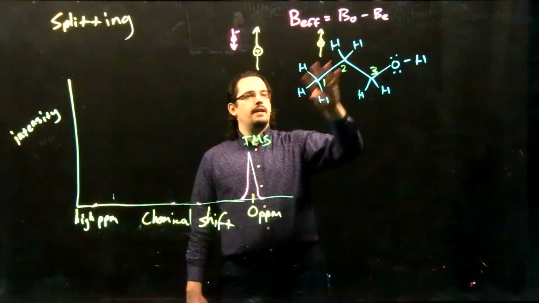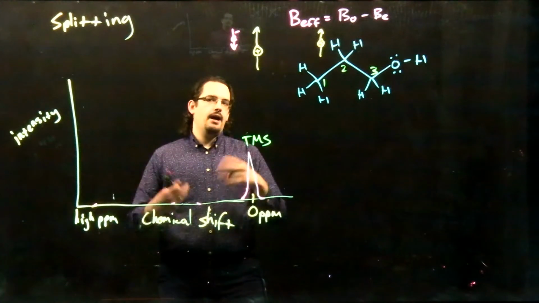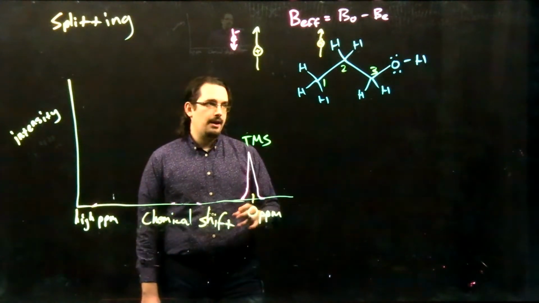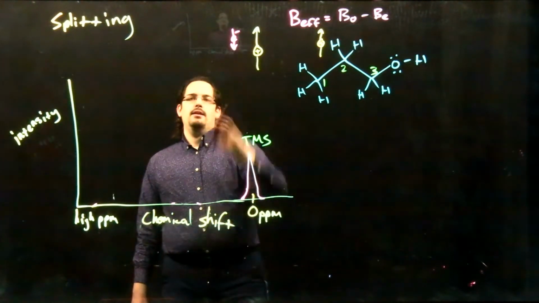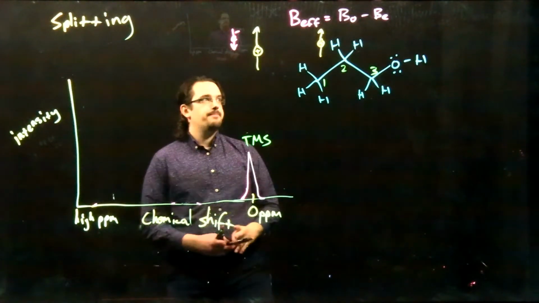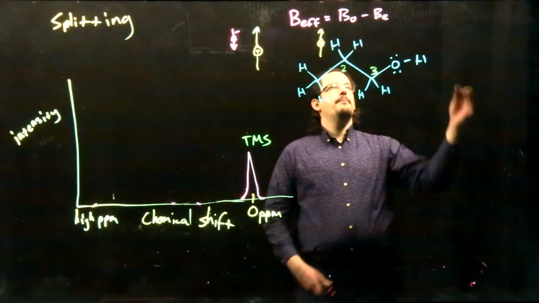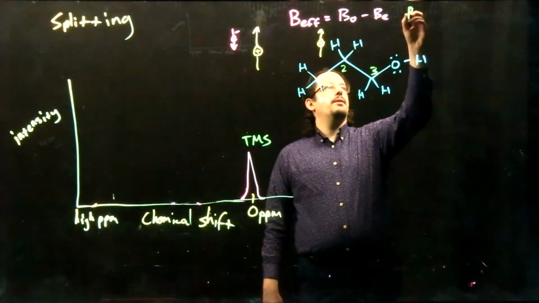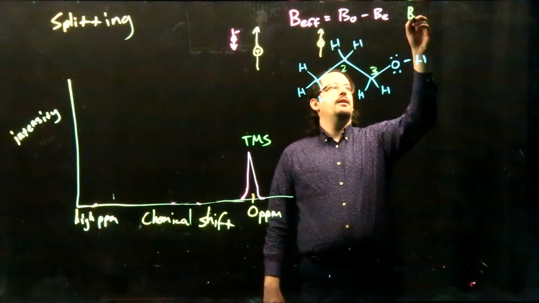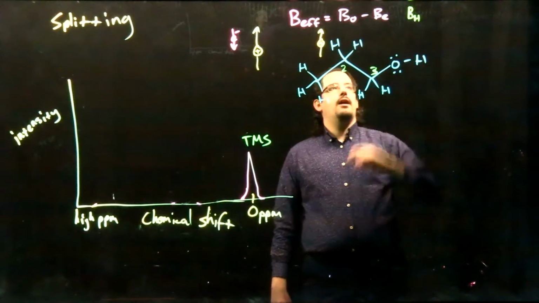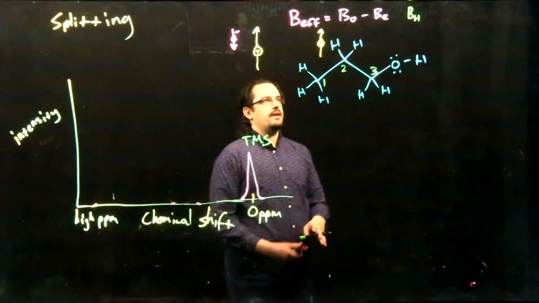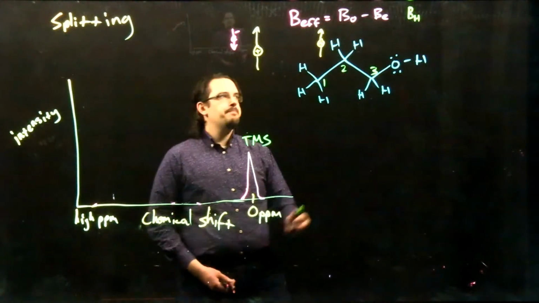So our hydrogens can actually be affected by other hydrogen nuclei and their magnetic field, and not just the magnetic fields from electrons. So we actually have to add a new component on here that relates to the magnetic field of our other hydrogen atoms. So this is going to be an additional term.